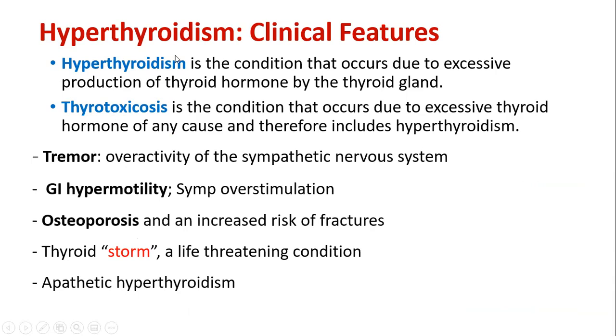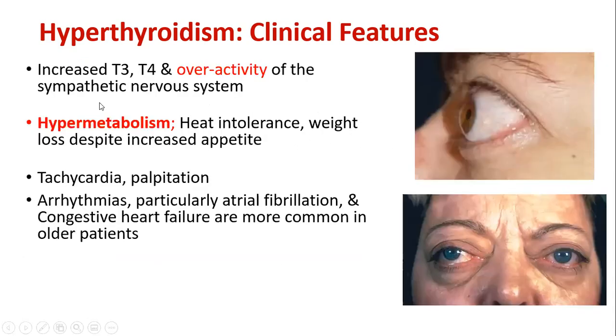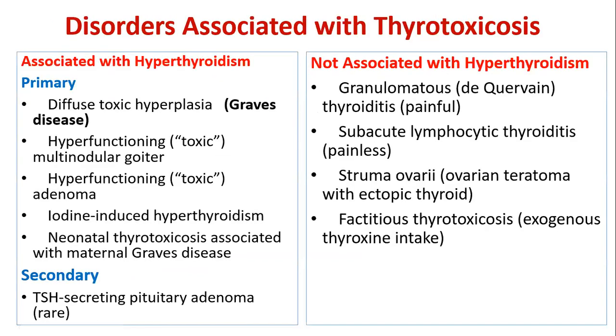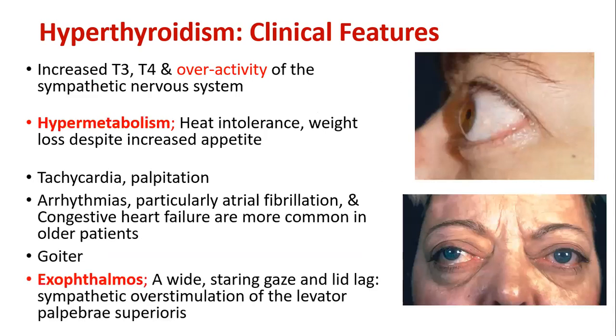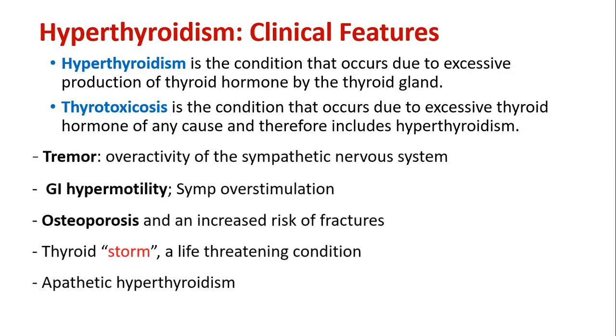Both are similar, but hyperthyroidism is a condition that occurs due to excessive production of thyroid hormone by the thyroid gland, while thyrotoxicosis is a condition that occurs due to excess thyroid hormone of any cause. Therefore, it includes hyperthyroidism, but as you have seen in the causes here, there can be no hyperthyroidism, but a toxic state is still there. Symptoms are there, so we keep that as thyrotoxicosis.